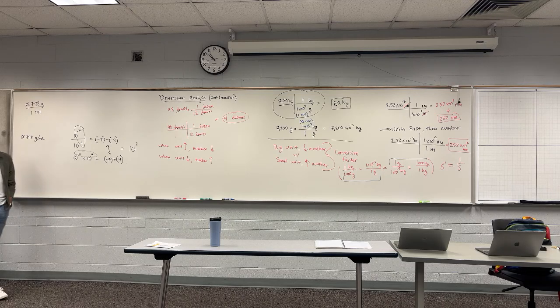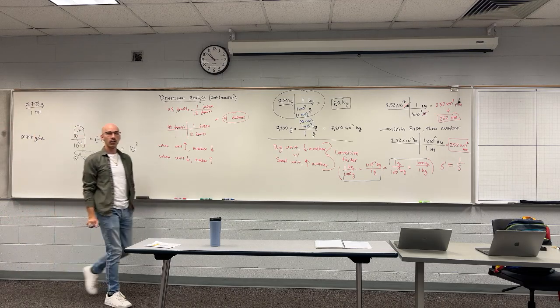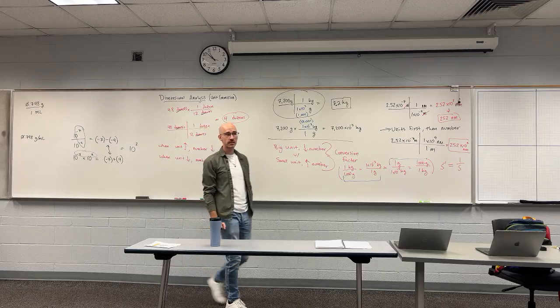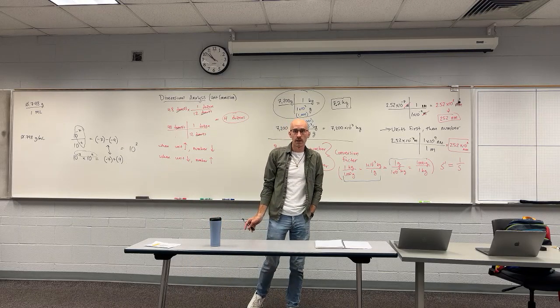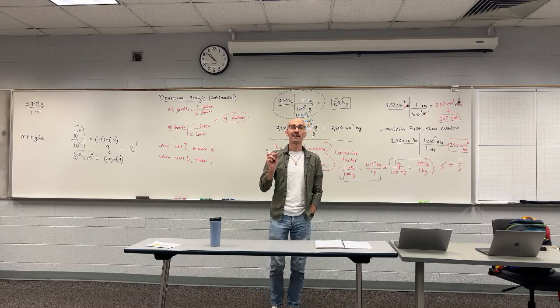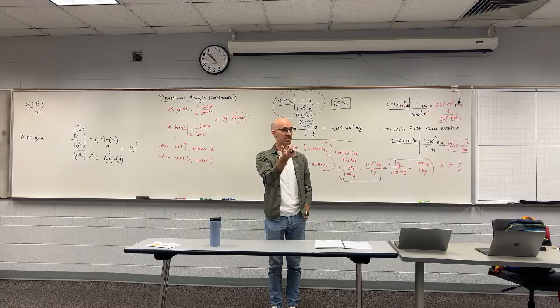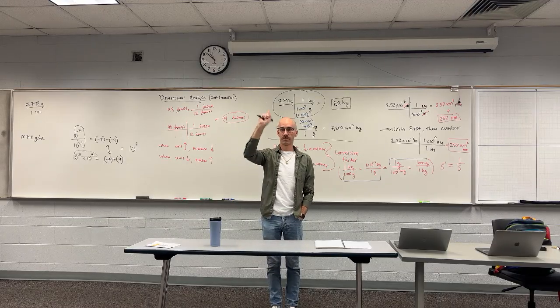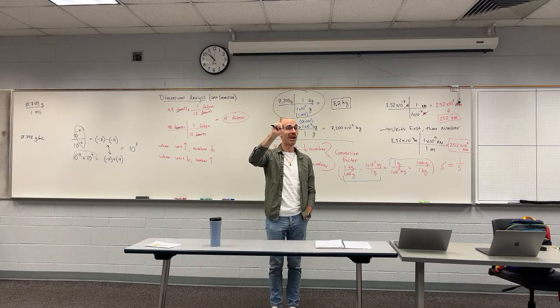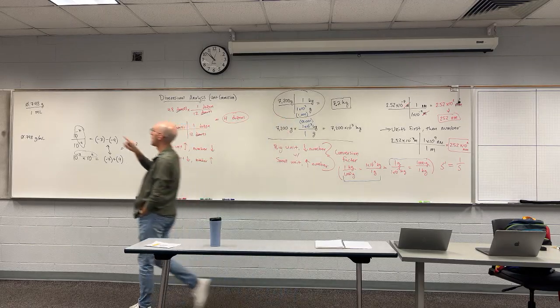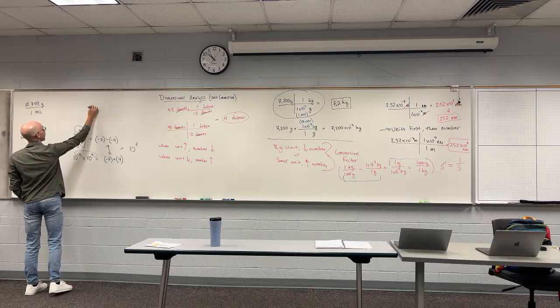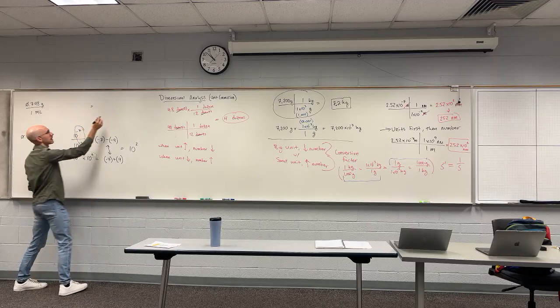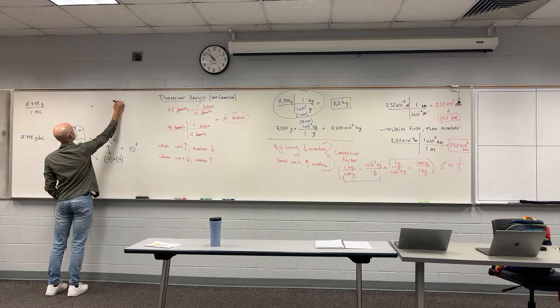If you're driving 60 miles per hour, how many hours to drive 60 miles? 1. That's what we're saying implicitly, not explicitly. So when you hear per something, it's per 1 of that something. That's implied. All right. I want you to give me the density of this liquid in kilograms per liter.